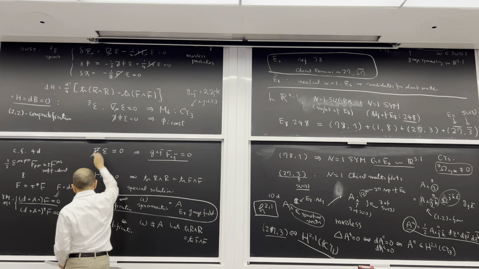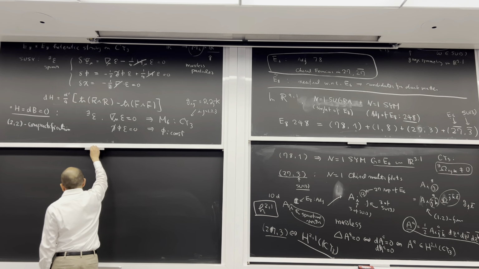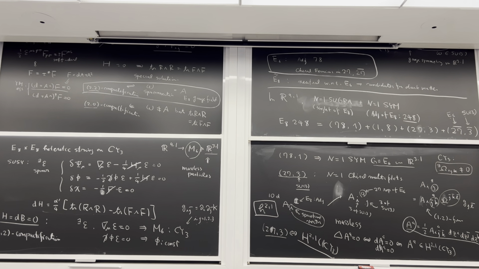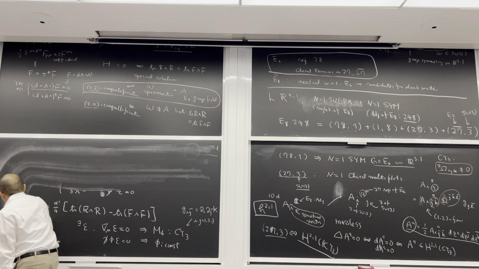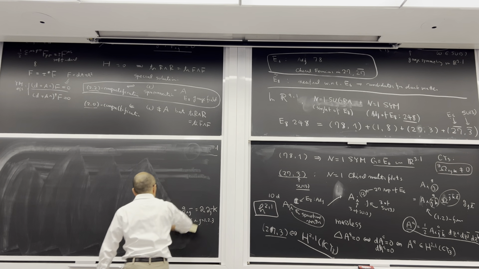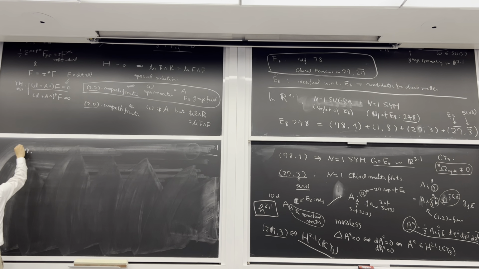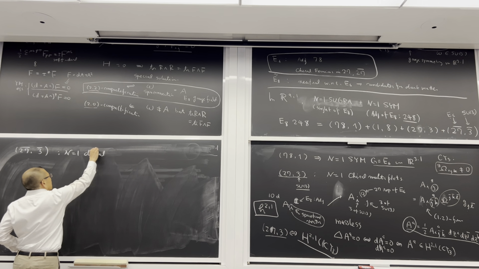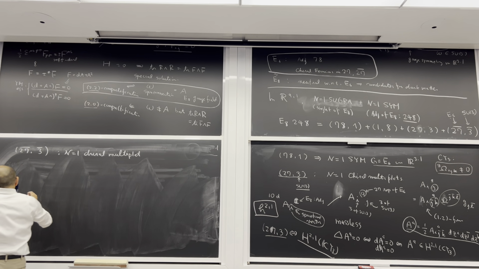Okay, so now let's discuss the remaining two things. How about 27-bar, 3-bar? This also gives you an N=1 chiral multiplet. But now you do the same exercise.